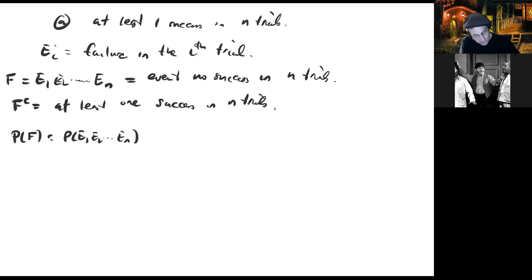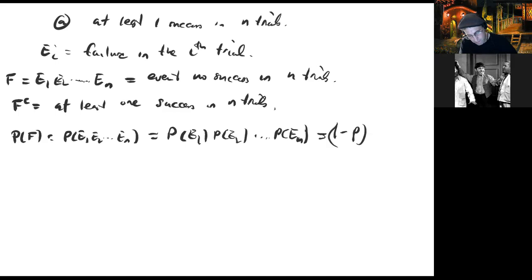So therefore, this is going to be the product, because of independence, P of E1 times P of E2, all the way up to P of En, and all of these have probability 1 minus P, so it's (1 minus P) to the nth power. So that's the probability of F.